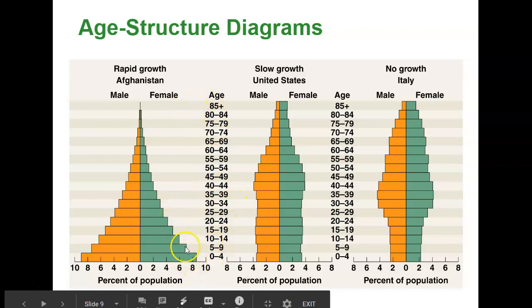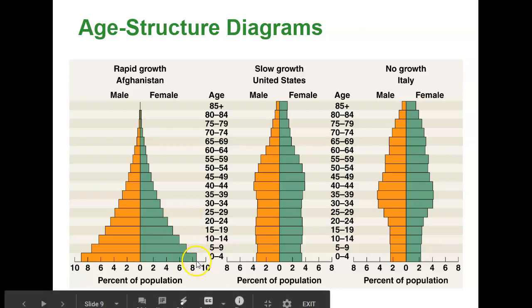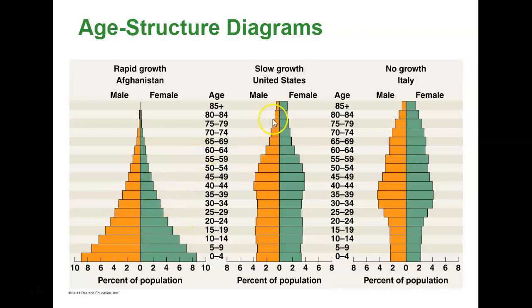So you can see there's been a really big boom for Afghanistan of number of children being born, because almost 9% of the population is in the 0 to 4 age group. And you can see that there's very few older individuals, a ton of younger individuals.